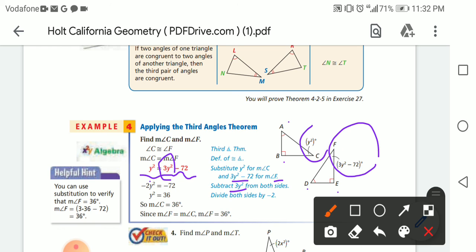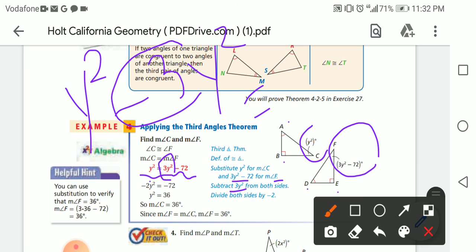So y to the second power minus 3y to the second power gives you what?